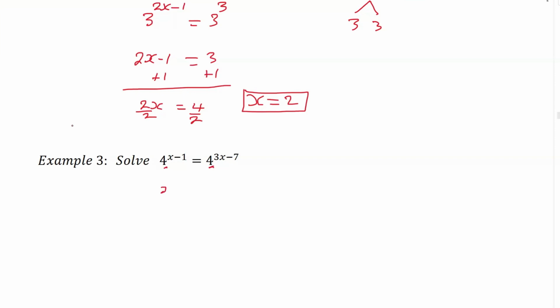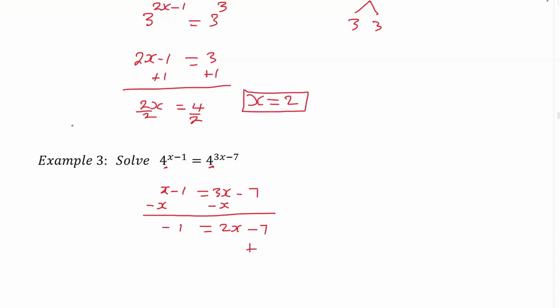So x minus 1 is equal to 3x minus 7 because the bases are the same. So we're solving this. If we now subtract x on both sides, we're moving the smaller x term. You always do that to keep your x positive. So this would say negative 1 is equal to 2x minus 7.